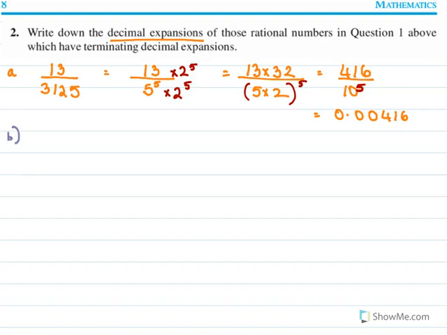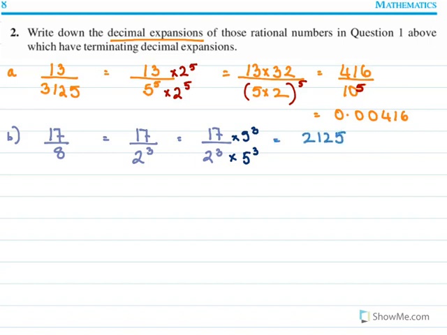Now for the next one, that is 17 by 8. 17 by 8, you're going to write it as 2 raised to 3. You need to multiply it by 5 raised to 3, there's also 5 raised to 3. And on multiplying, you will get here 2125.